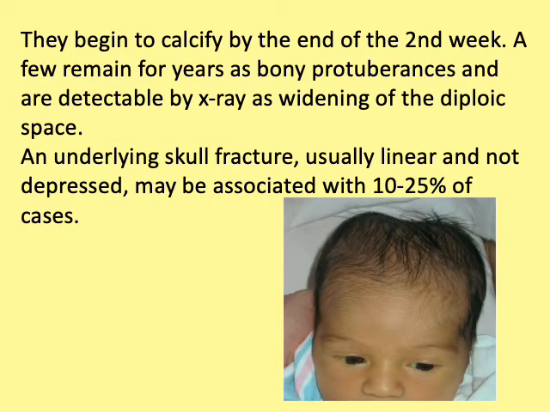By the end of the second week of life, they start to calcify, and there will be a resorption of blood from it. A few cases might remain as a bony calcification, which might be detected on X-ray as a widening of the diploic space. 10 to 25% of cases are associated with linear skull fractures, which do not need treatment.